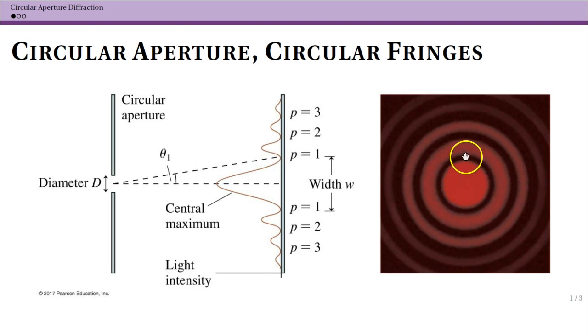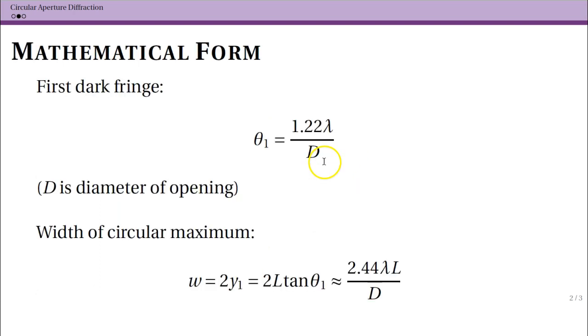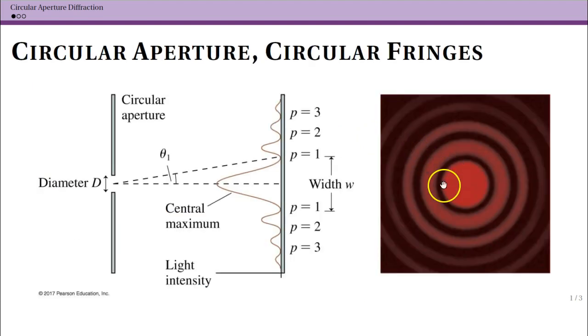And again, you can see that this is kind of like taking our single slit diffraction pattern and rotating it around, though not exactly. So that not exactly part is where this 1.22 comes from. So that's important. The width of the circular maximum is just saying, well, I have this big circle here, what's the width?